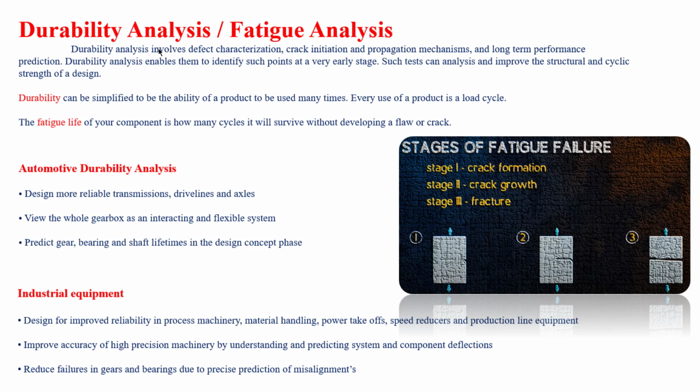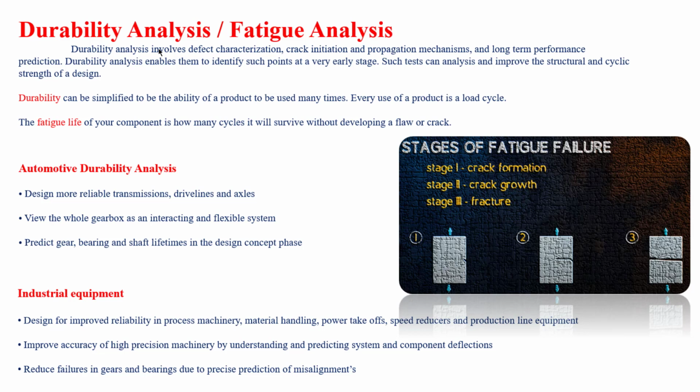In the automotive domain, we use it to design more reliable transmissions, drivelines, and axles. When it comes to the gearbox, we need to look at the whole gearbox as an interacting and flexible system. There it will help you predict gear, bearing, and shaft lifetimes.